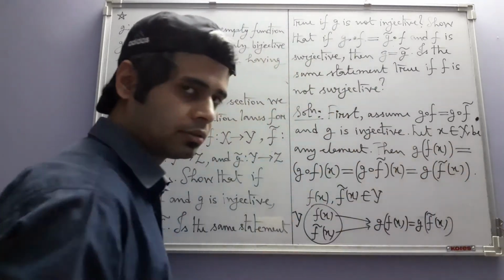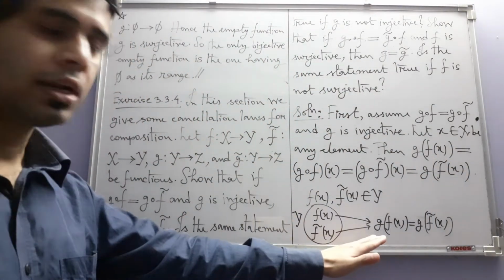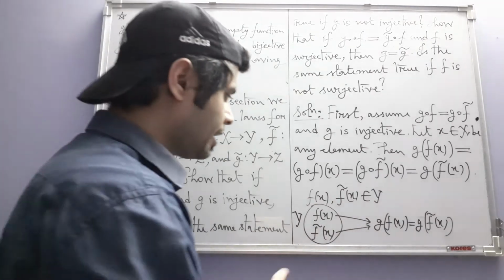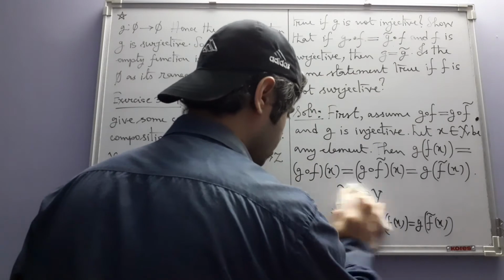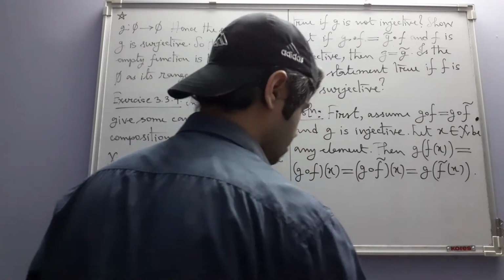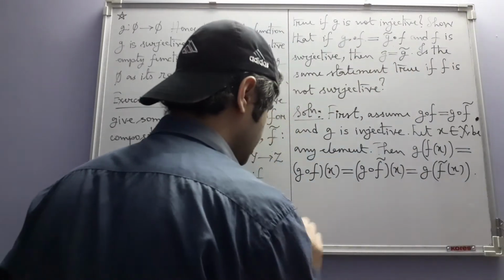Because these two are equal, right? Then G fails to be injective, and that's why these two should be the same. So that's what we'll write.